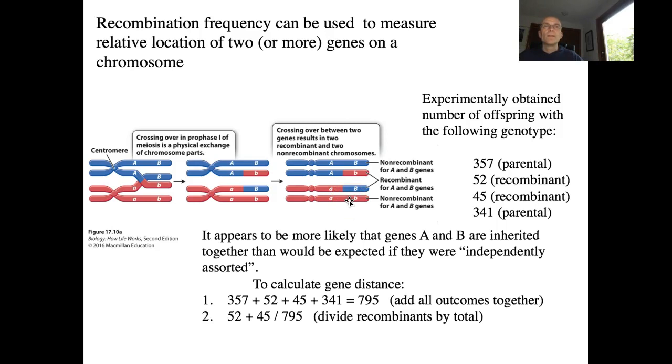So the majority of events showed that the chromosome was passed down to the next generation intact with respect to A and B.